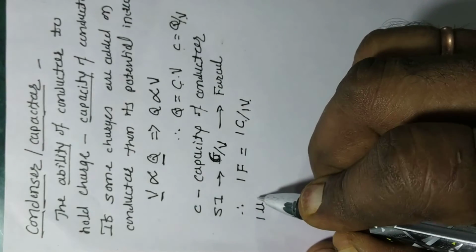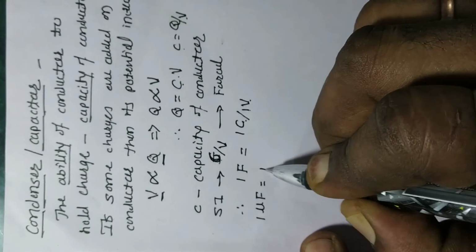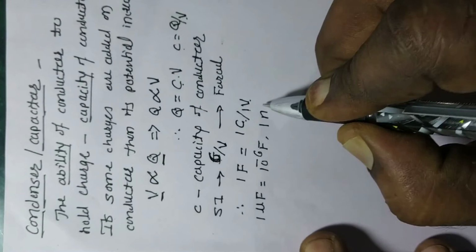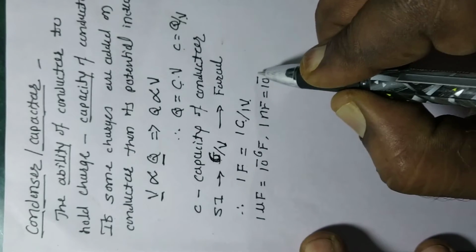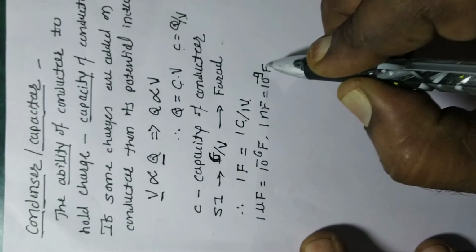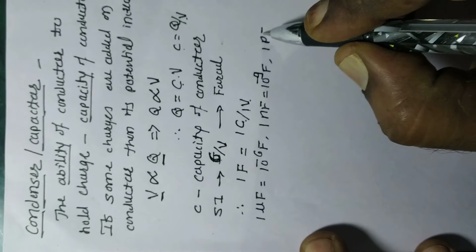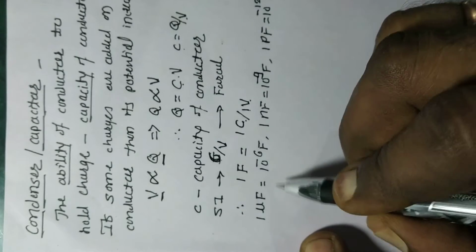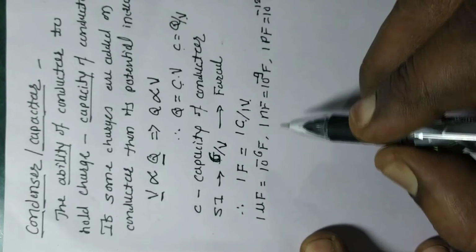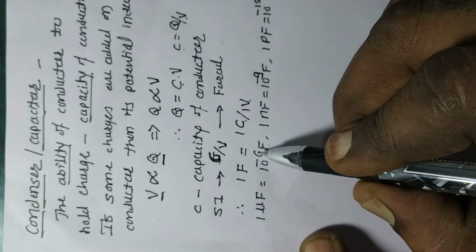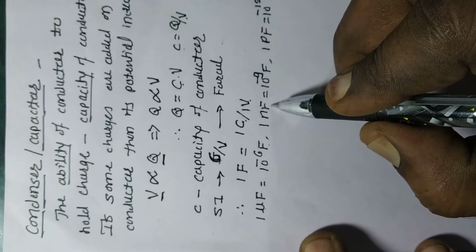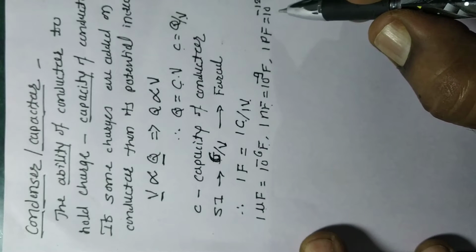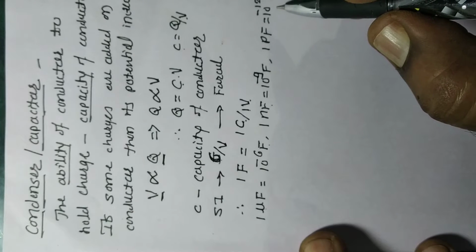1 microfarad is equal to 10 raised to minus 6 farad. 1 nanofarad is equal to 10 raised to minus 9 farad. 1 picofarad is equal to 10 raised to minus 12 farad. ही काही कन्व्हर्जन्स आहेत. म्हणजे मायक्रो फॅरेडचे फॅरेडमध्ये करताना 10 रेज टू मायनस 6, नॅनो फॅरेडचे फॅरेडमध्ये करताना 10 रेज टू मायनस 9, पिको फॅरेडचे फॅरेडमध्ये करताना 10 रेज टू मायनस 12 like this.